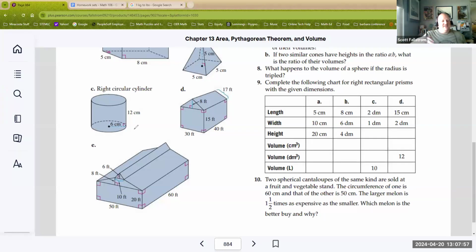The reason why I'm assigning this question is because we just did a table above that was fairly similar. 5 times 20 would be 100, times 10 would be 1,000. So this is 1,000 cubic centimeters. We know 1,000 cubic centimeters would be the same as 1,000 milliliters, which would be the same as 1 liter. And 1 liter is the same as 1 decimeter cubed.